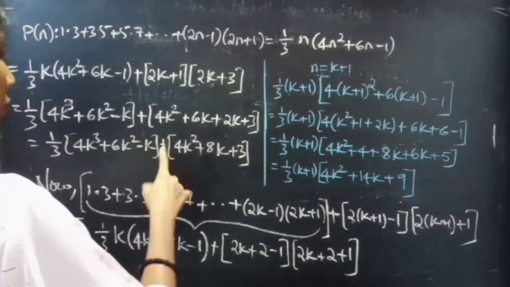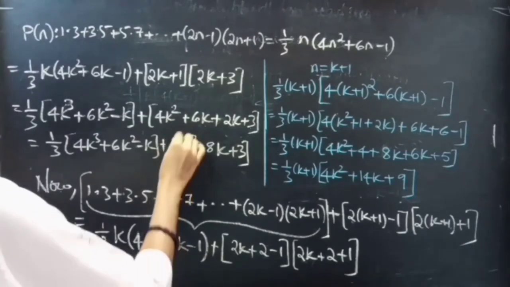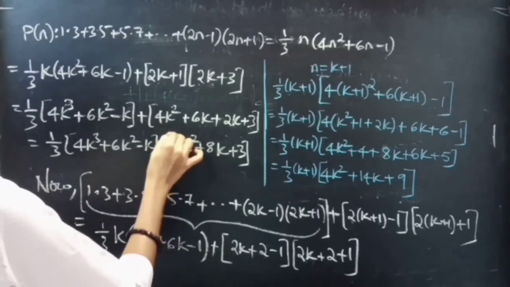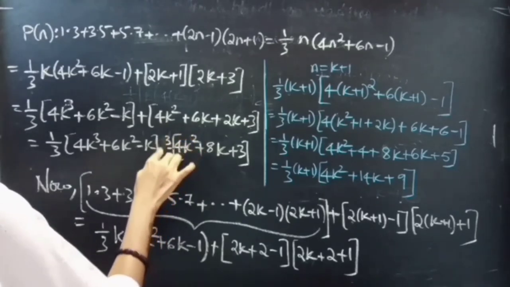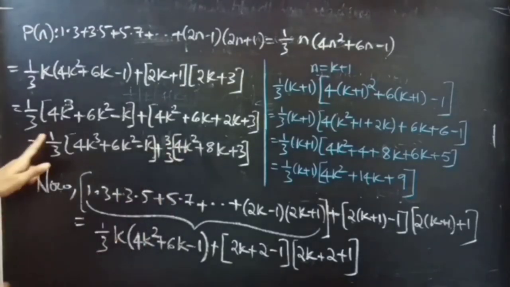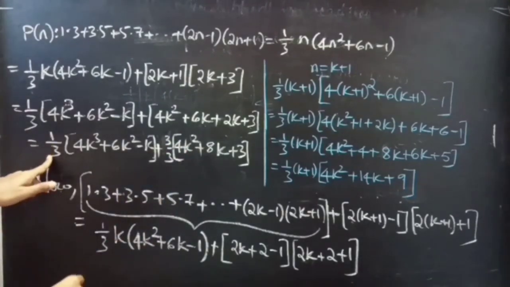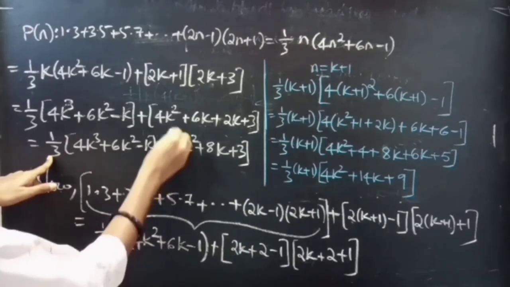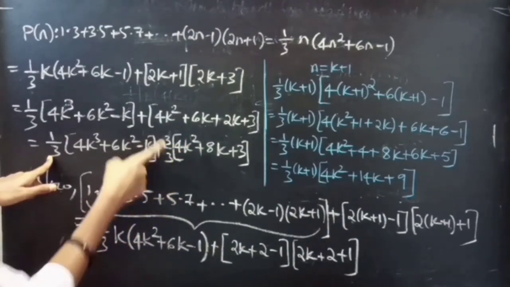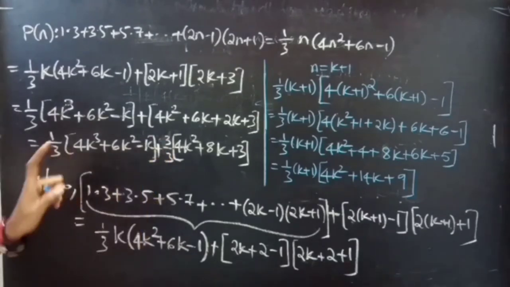So here you can multiply and divide by 3. Since we have 1 by 3 in the first term, and we don't have any 1 by 3 here, we'll simply multiply by 3 and divide by 3.